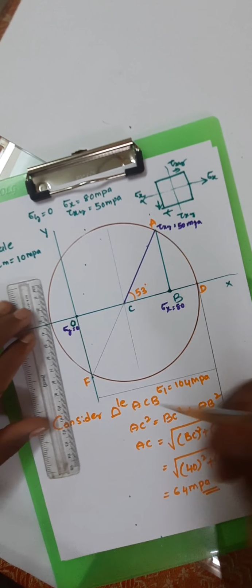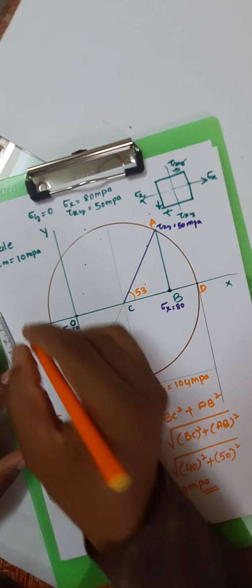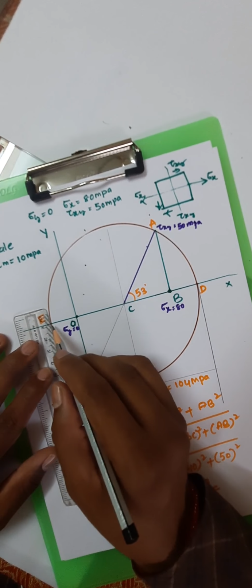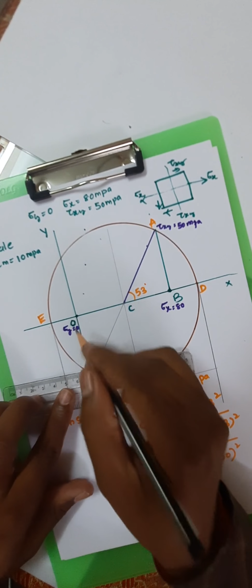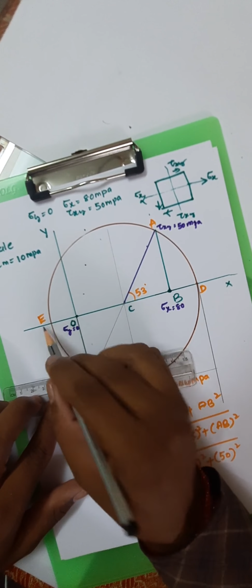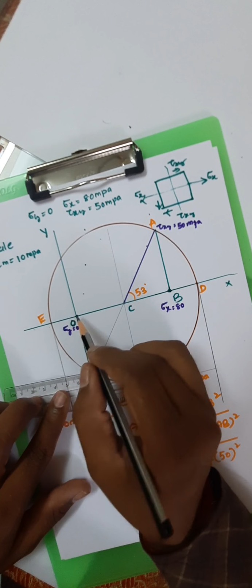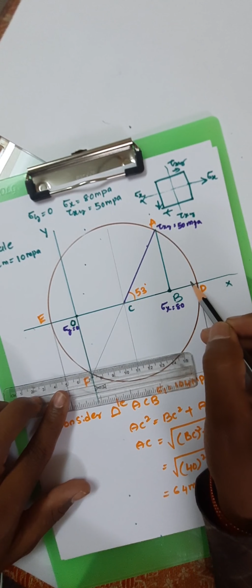Same thing, consider this point as E. The distance from O to E we consider as negative, since the principal stress acting in this direction is negative and this side is positive.